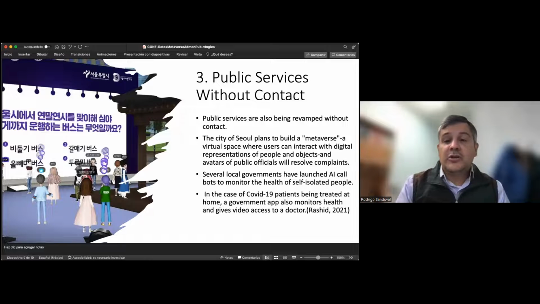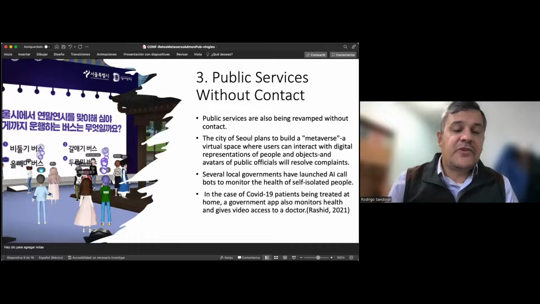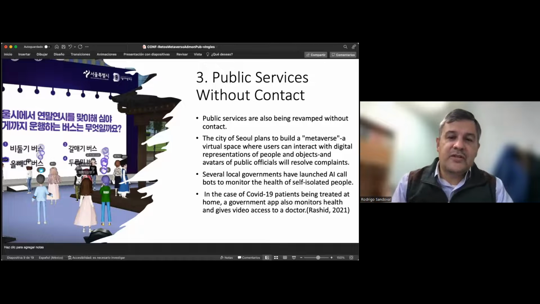The Seoul government, for example, treats COVID-19 patients using a government app that monitors their health and gives video access to the doctor. And several other local governments launched artificial intelligence bots to help self-isolated people, for different reasons, not only health reasons.